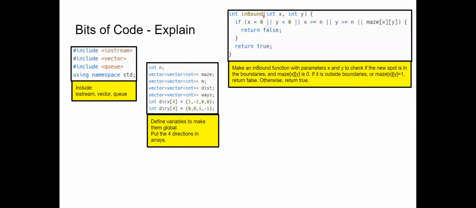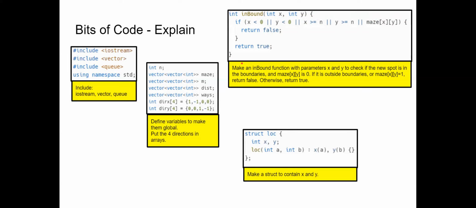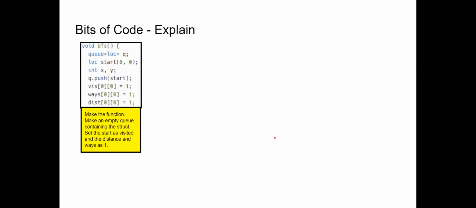And then I have the parameters x and y, and I check if they're in the boundaries first. And then I check if it's a valid spot in the maze. And if any of those are not true, then I just return false, or else I just return true. And then I made a struct that contains the x and y, so then I can store them in queues or vectors.